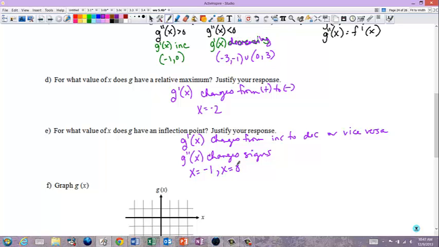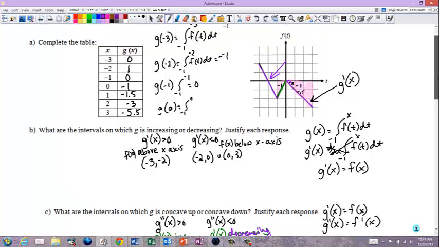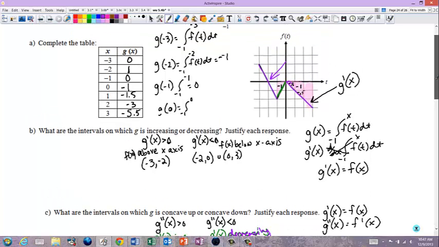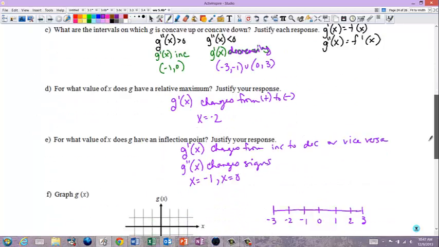Okay, so now I've got to graph the graph of g. So I'm going to do a little sine graph based on what I have above, and it goes from -3, -2, -1, 0, 1, 2, 3. I went too far. I don't need all that. So if we look up here, and I can actually plot my points because I have this handy-dandy table, so I'm going to plot these points right fast.